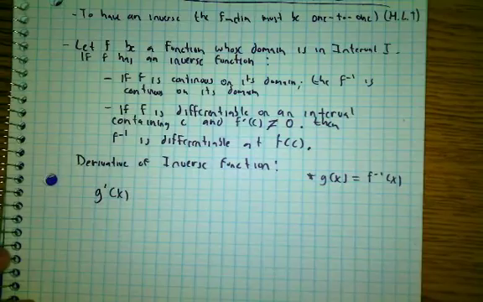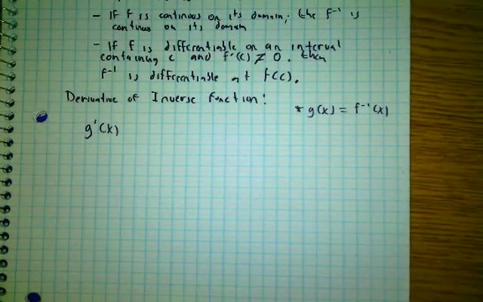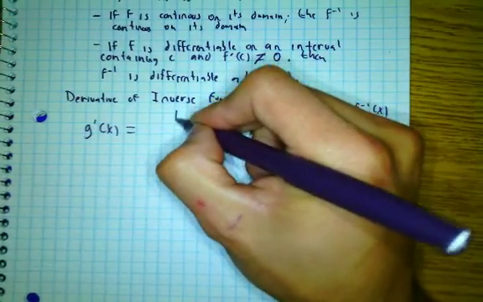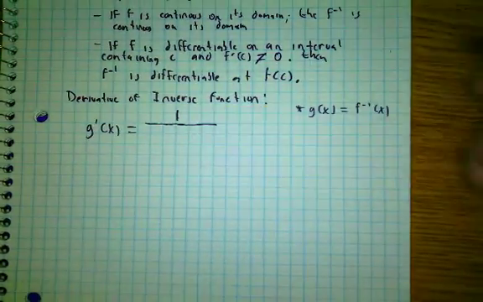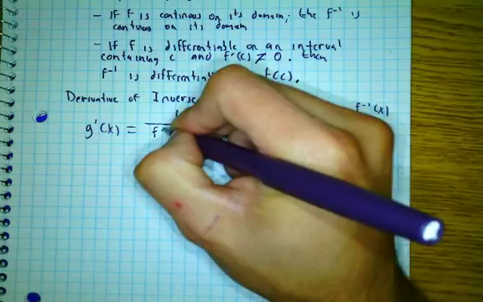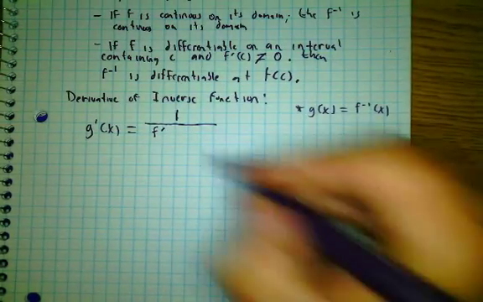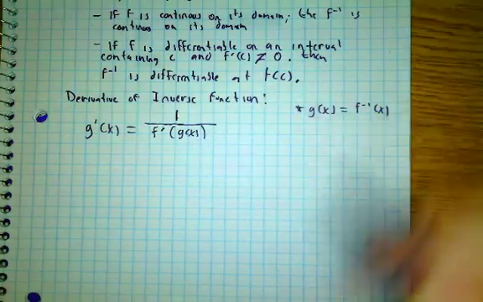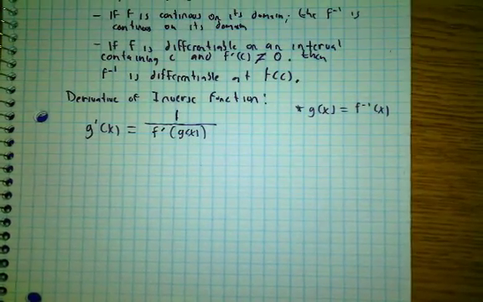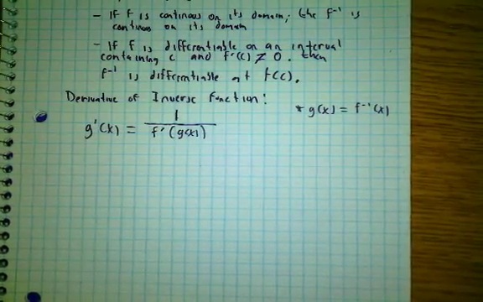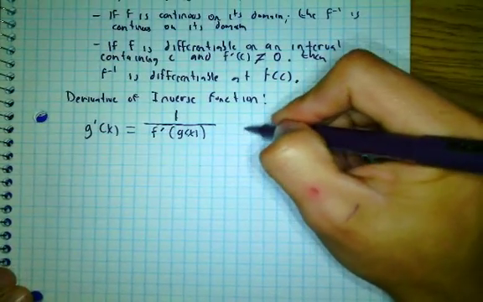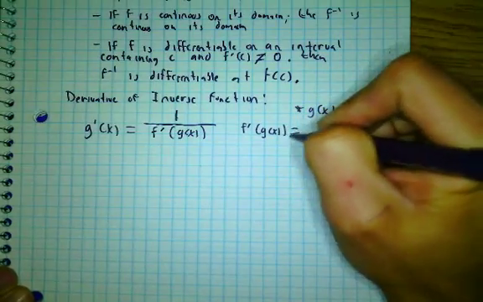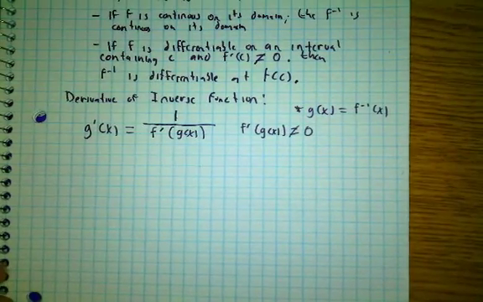So g prime of x, you're going to be able to find by taking 1 and dividing it by the derivative of f in terms of g of x, which means that f prime of g of x cannot be 0. Otherwise this wouldn't work. Agreed? It's on the denominator.